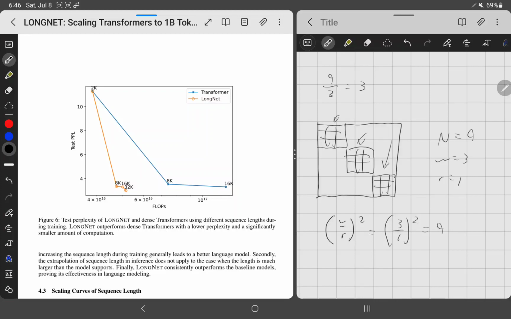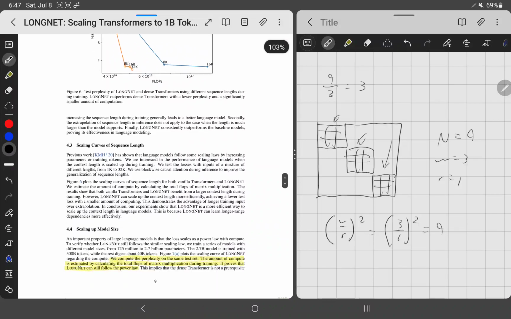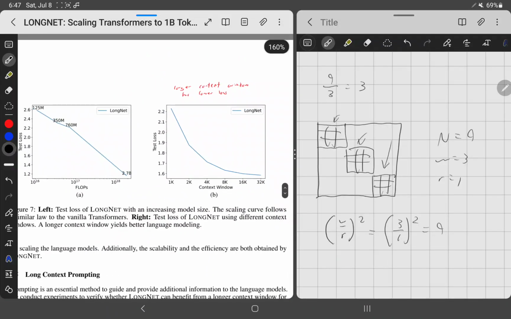And they also show some other graphs, like in this graph, the perplexity of a normal transformer as you increase the number of flops. The normal transformer takes a lot more flops to have a lower test loss, while in this case it doesn't, showing even more that it has linear complexity while the transformer does not.